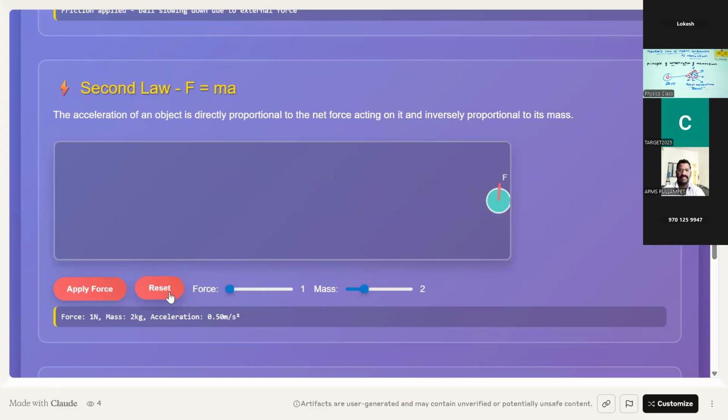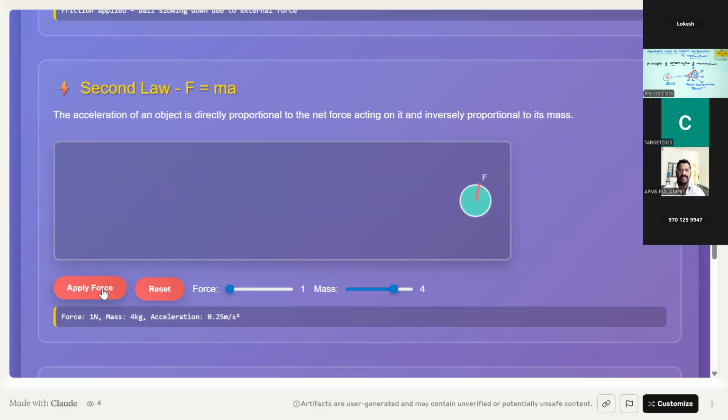Now, I will change the mass to 4 kg. We keep the same force. Now, watch what happens when I increase the mass, but keep the force the same.